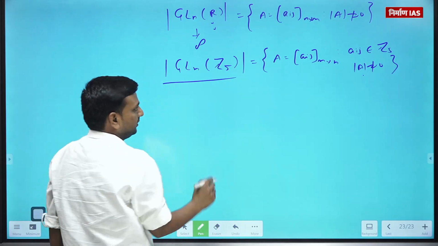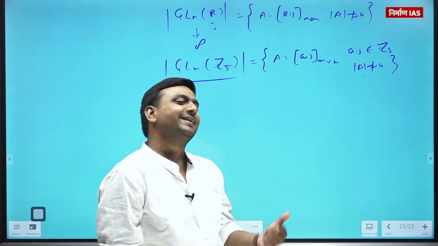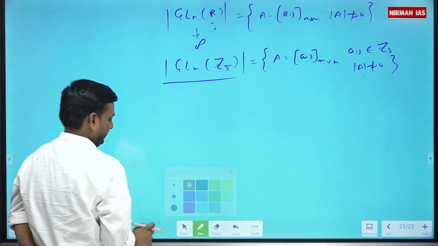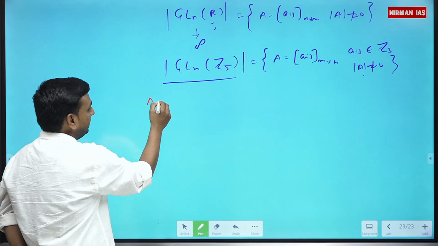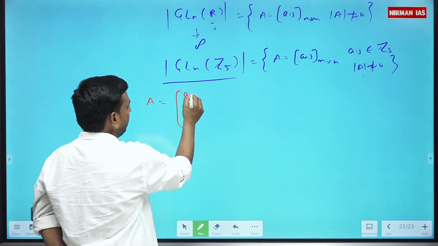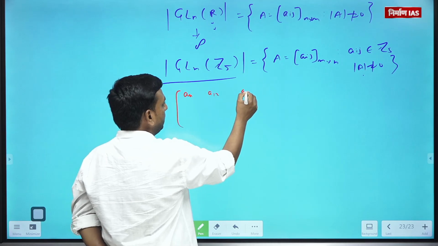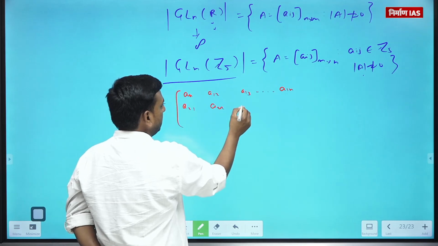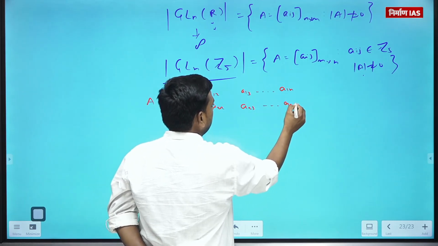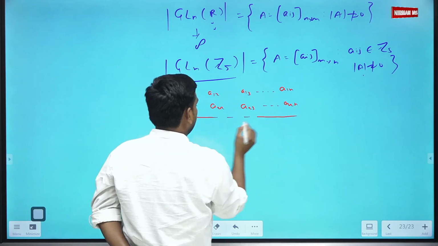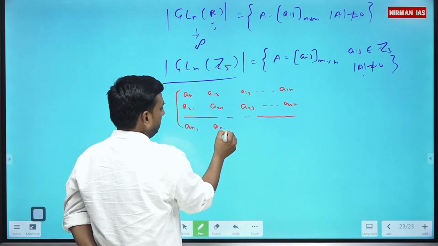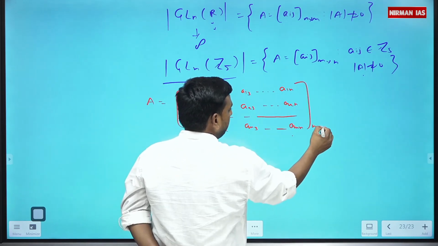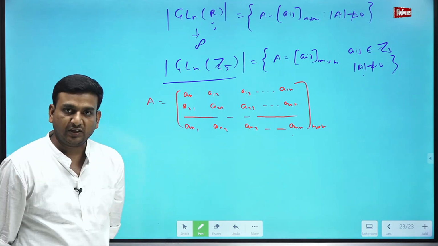So how is it concluded? Should we discuss? Okay, it's an easy one, no problem. Bachcha wala sawal. See, let's say I have some n by n matrix A11, A12, A13, up to A1n, A21, A22, A23, up to A2n, and so on up to An1, An2, An3, up to Ann.